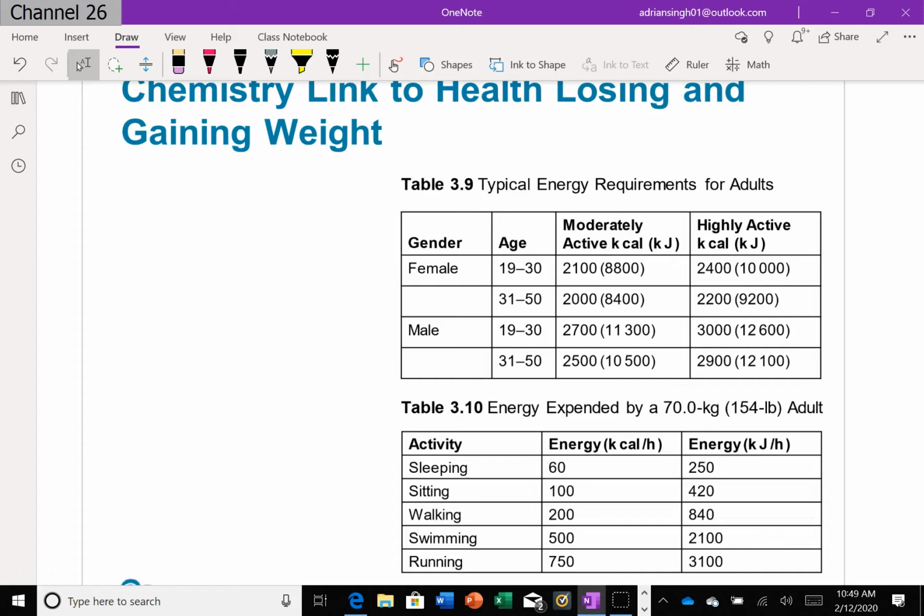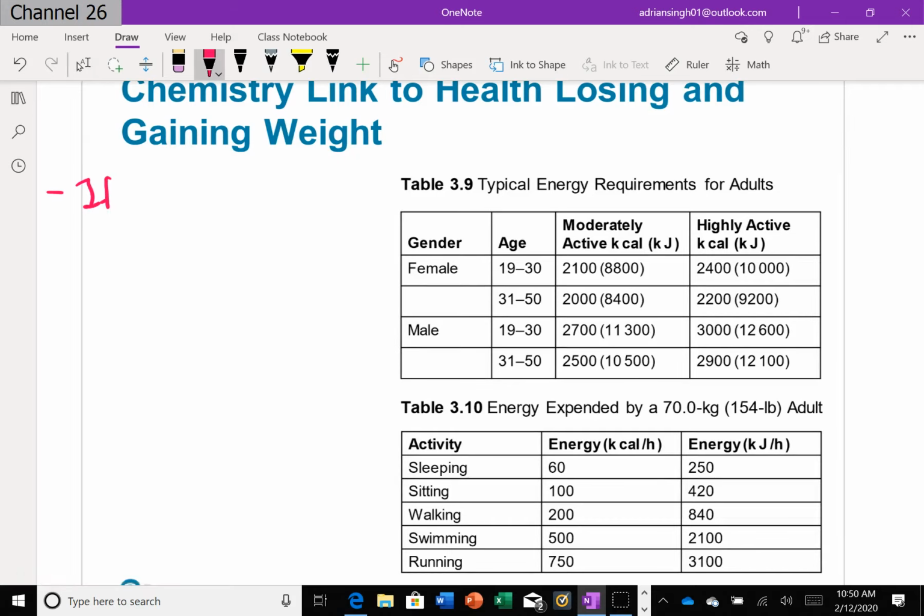Even as you're sitting there taking notes, your heart is beating, and that's expending energy. In order to expend energy, you need to eat stuff so that you have these fuels to burn. So if you have an energy imbalance, that can lead to one either losing or gaining weight.